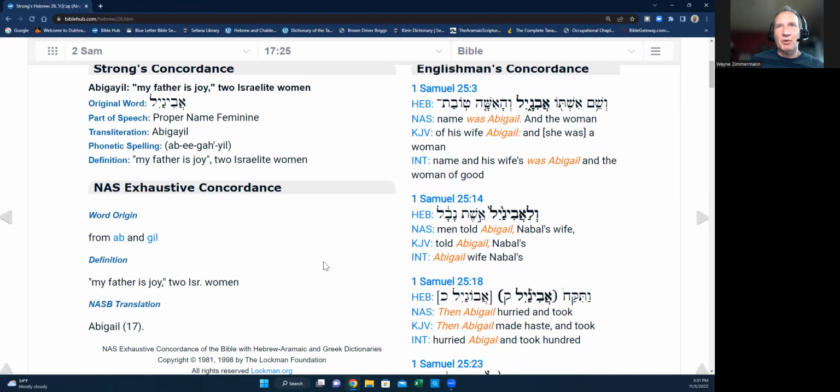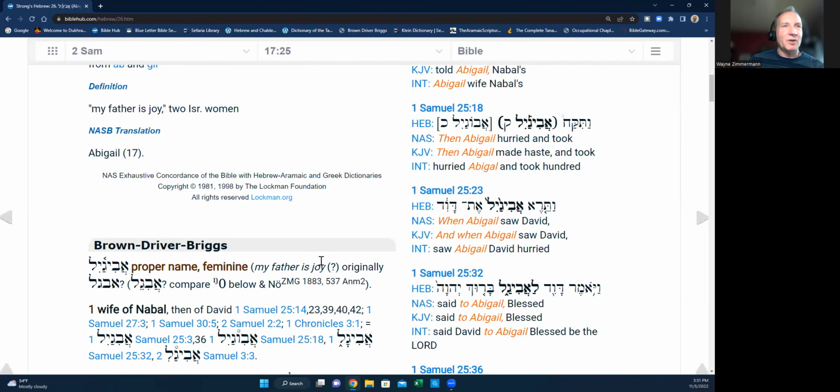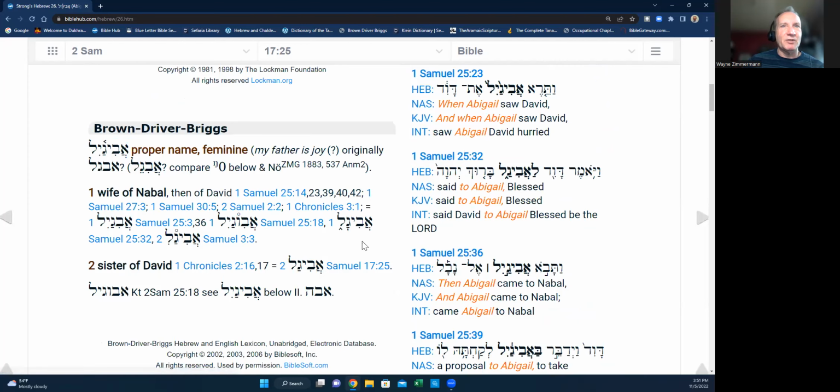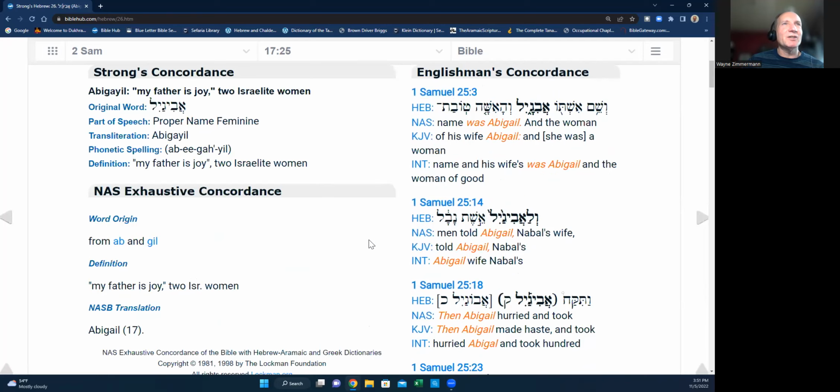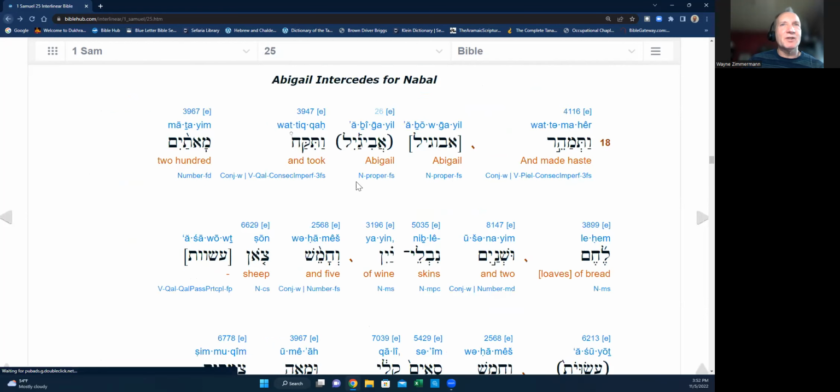One was this person we're talking about, and the other, I believe, was David's sister in Chronicles, whose name was Abigail. It's an interesting name, has a beauty to it. I'm not really sure why she was named that and the significance, but many people have used that name throughout the centuries for naming young girls.